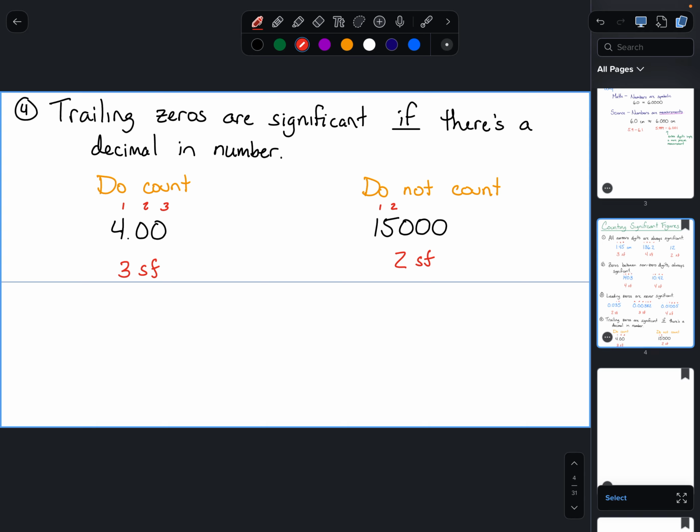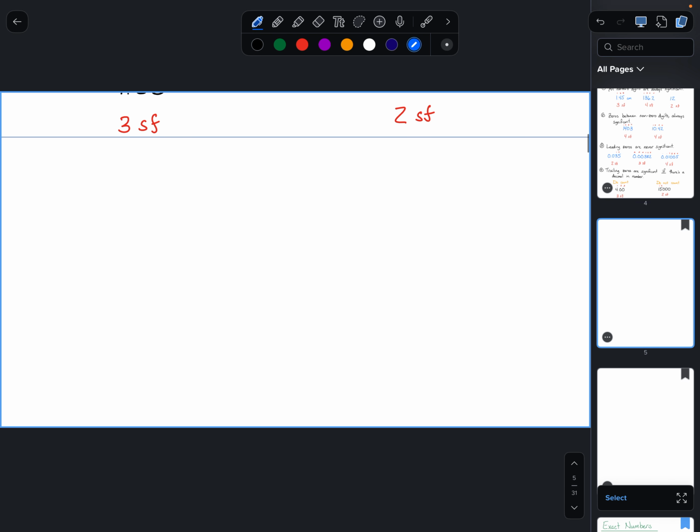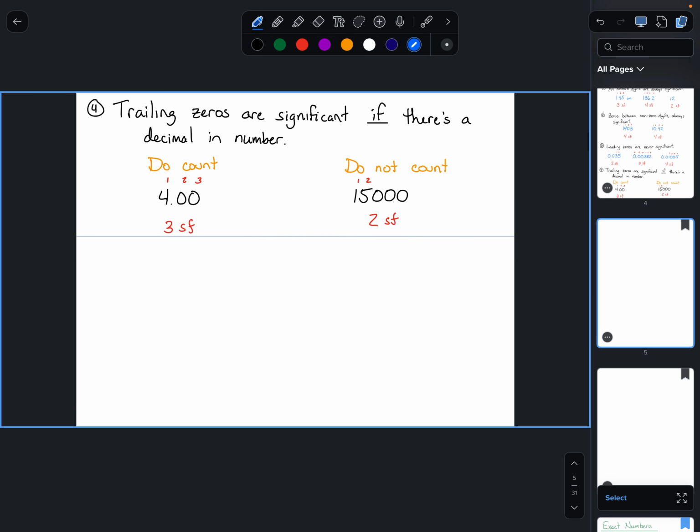So our trailing zeros, we count them as significant if we have a decimal point located in that number. We're not going to count them if there's no decimal point in that number. All right? Cool. Let's just practice this one real quick. I'll keep these examples up here.